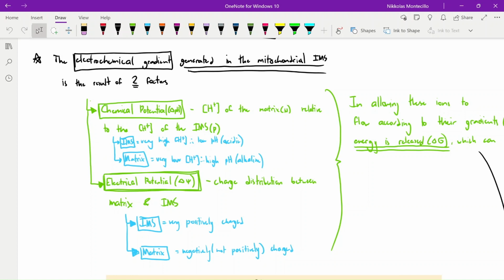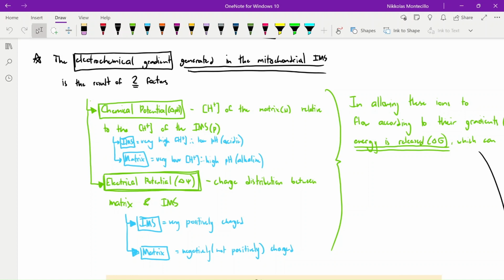Okay? And we remember that the intermembrane space has a very high concentration of protons and therefore is very acidic, characterized by a low pH. And then the matrix has a very low concentration of hydrogen protons and therefore a very high pH. And thus we refer to this chemical environment as alkaline, right?